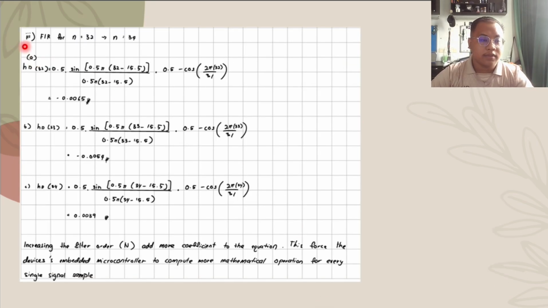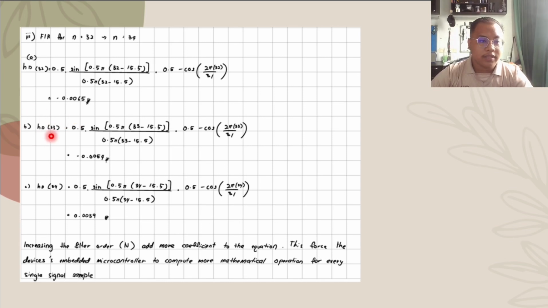Next is question 1 Roman 3, the FIR for n equal to 32 until n equal to 34. For hd(32), I put 32 into the n formula, the equation that I got from Roman 2, which gives hd(32) as negative 0.0065.